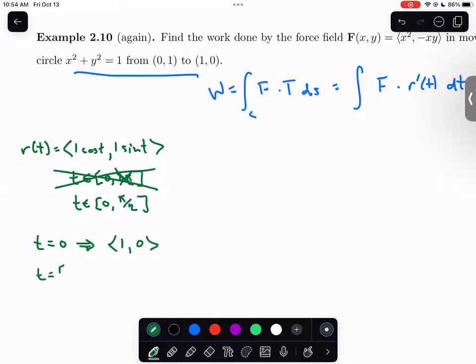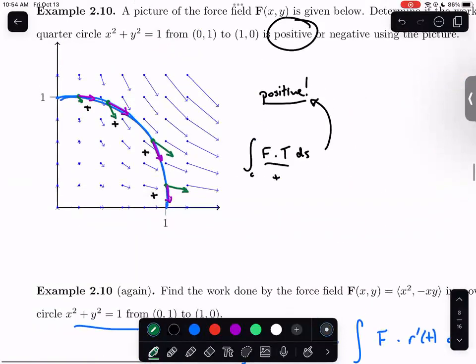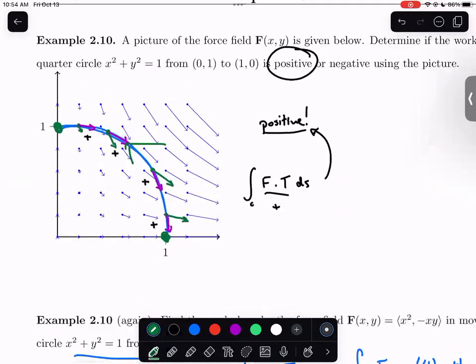And when t equals pi over 2, if you plug that in, you'll see that you're going to end up at 0, 1. What that means is that we're starting over here at 1, 0 and ending up here at 0, 1. We're going the wrong way. I'm going in this counterclockwise direction, which I usually like, but in the problem that's given to me, I need to go from 0, 1 to 1, 0. I need to be going in this clockwise direction.